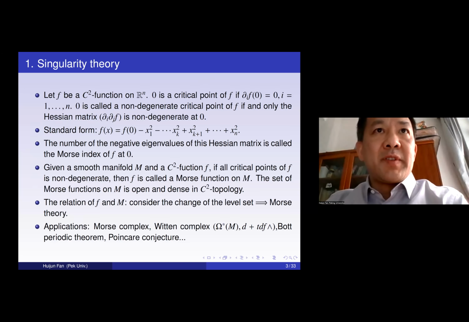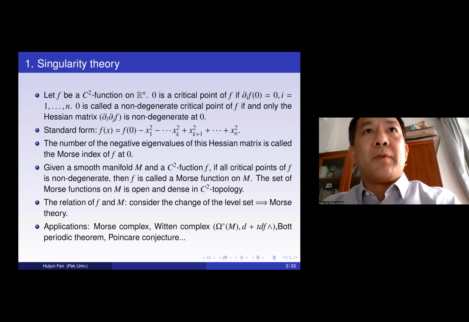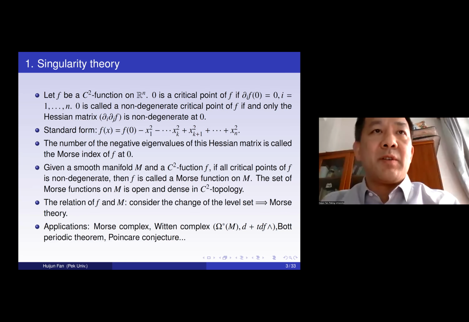Actually, the singularity theory can be considered from 2 points of view. We can consider the real case.